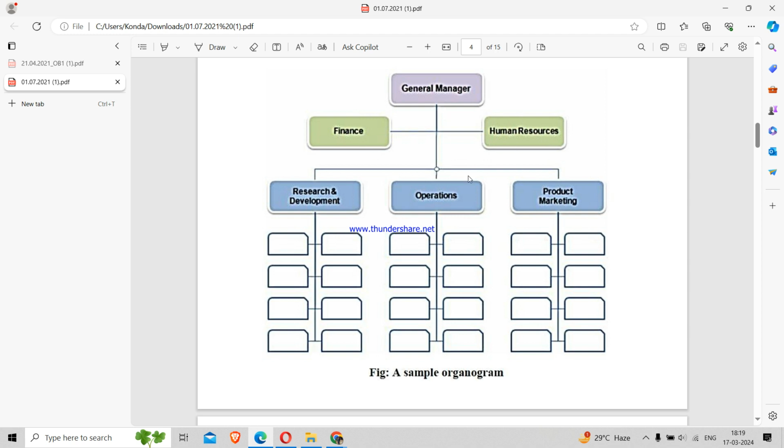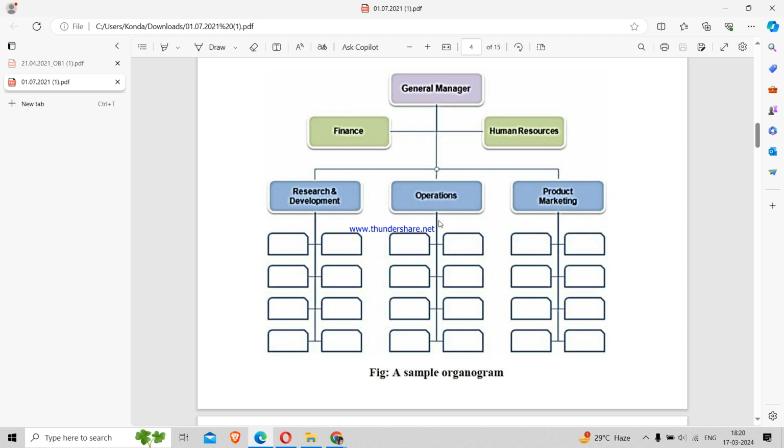The finance and the human resource team is giving the orders to these three, that is research and development team, operations team and product marketing team. Again, these individual three teams are giving orders to the three sections of the employees that are working under them. So you can see it is working downwards in this way. The commands are working downwards, and then after the execution of the work, this particular sector will report to the research and development team.